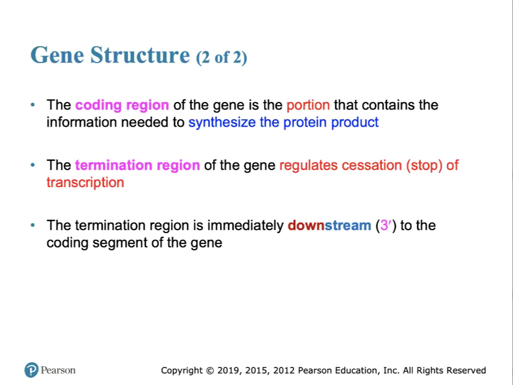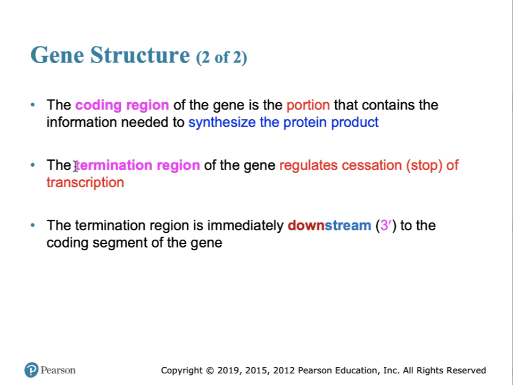In addition to the promoter, the next part of a gene is called the coding region of the gene. Nothing to do with the coding strand. This is a different use of the word coding. The coding region of the gene makes the messenger RNA, from which a protein may be produced in the future.